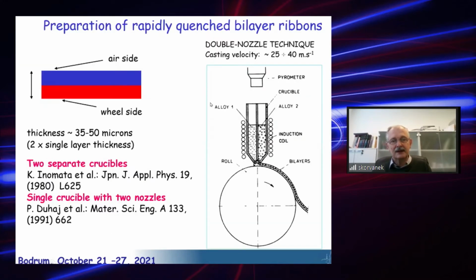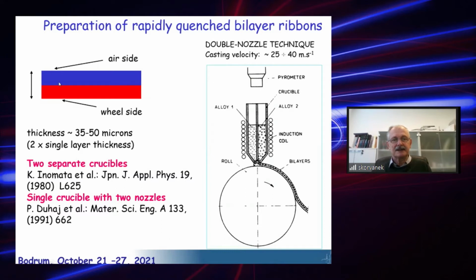Okay, so now we can go to the first part, which will be the preparation of rapidly quenched ribbons, and then how we can use them for GMI.